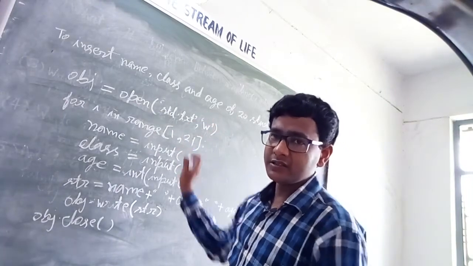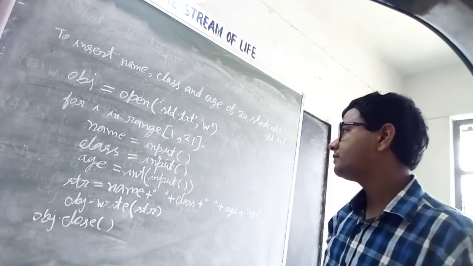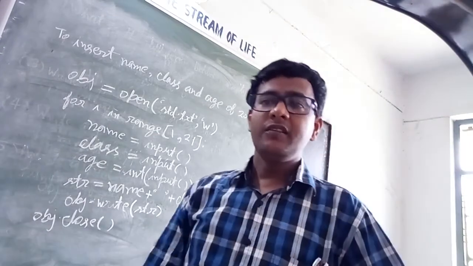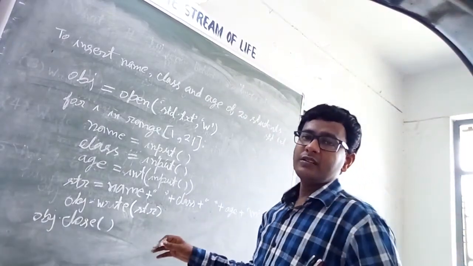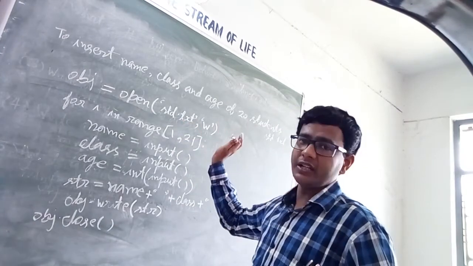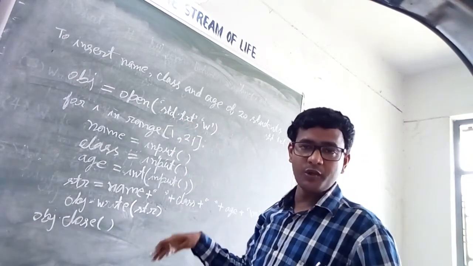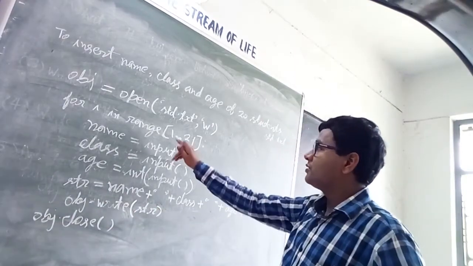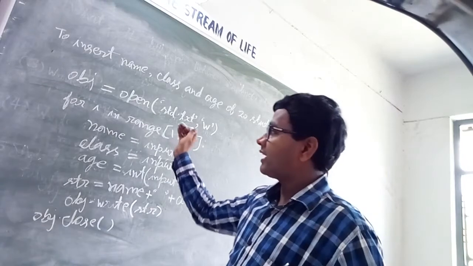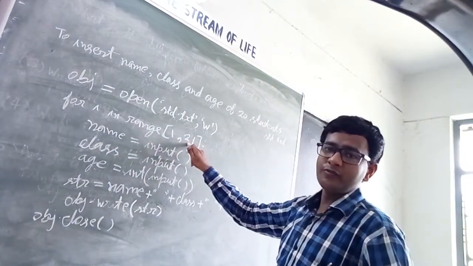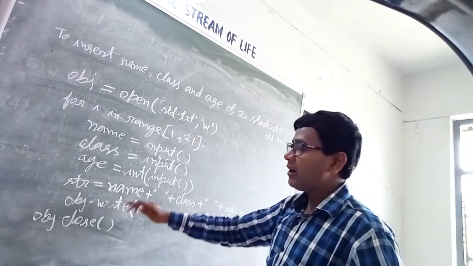Okay. Now we want 4 more entries in our std.txt file. If we again open our file and use 1 to 5, then all previous entries are erased.